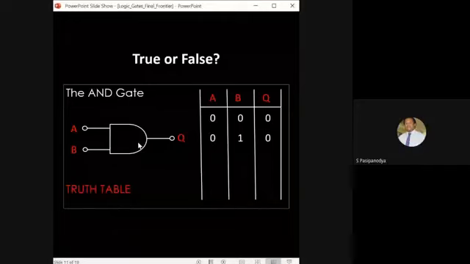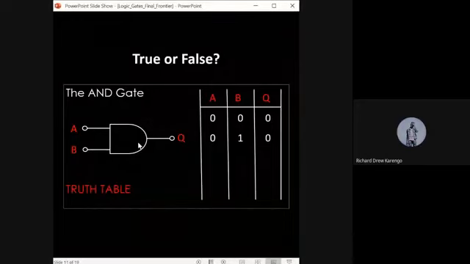Indeed, it becomes false. And can someone explain why it becomes false? Say because it's an AND gate.